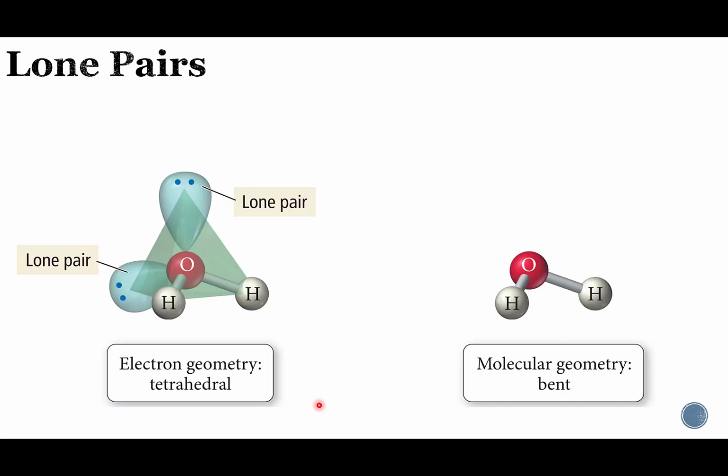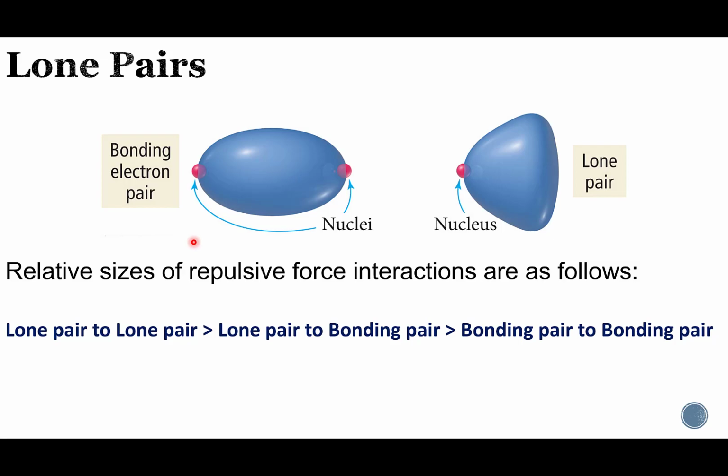Let me go back and talk about one more thing. With these electron geometries and molecular geometries, lone pairs actually take up more space than a bonding group would, okay? If I look at a bonding group, here's the nucleus of one atom, maybe the oxygen, and here's the nucleus of the other atom, maybe the hydrogen.